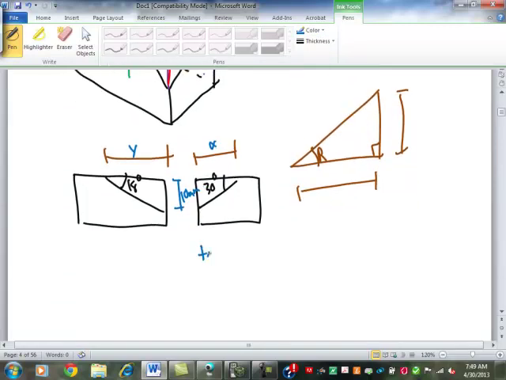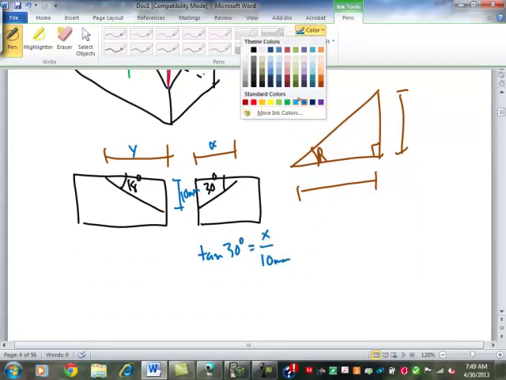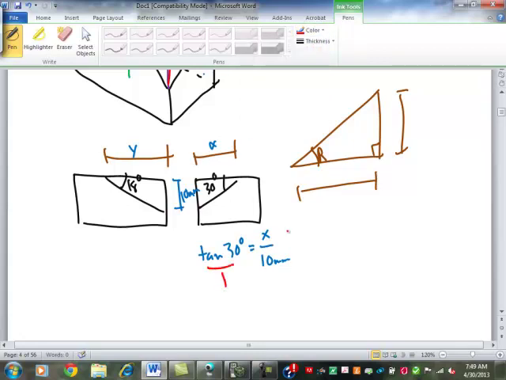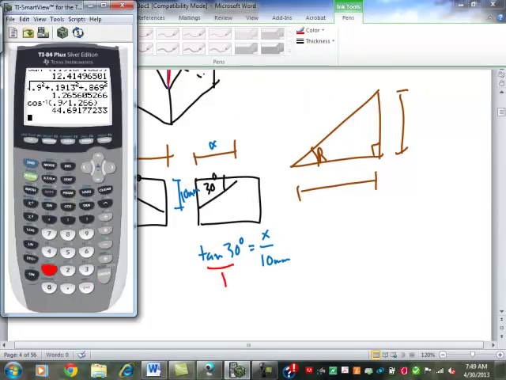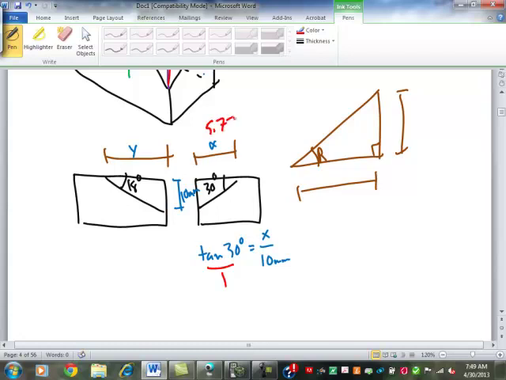x is going to be found by using tangent of 30 degrees equals x over 10 millimeters. Put this over 1 and cross multiply. 10 times tangent of 30 is 5.774. So it's this right here, 5.774 millimeters, not inches.